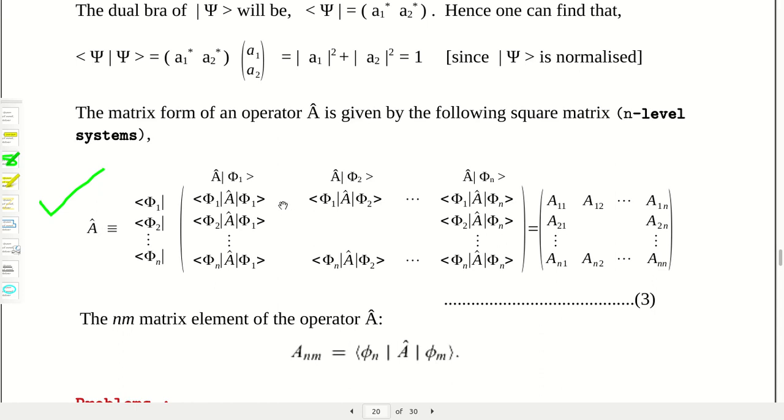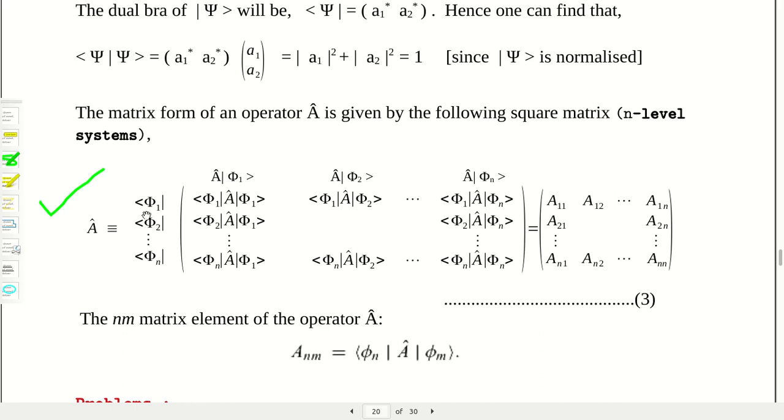Now it is a mathematical description, and here it is written in such a way that you can remember things. Okay, so here in the columns the bras are there, and in the rows the kets are there.